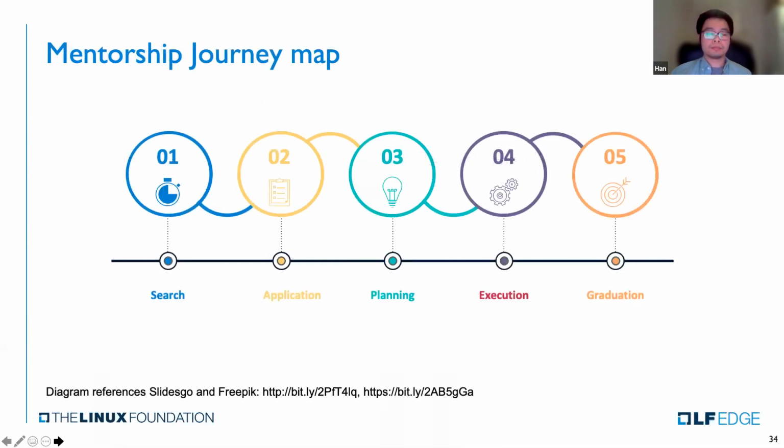Let me start by introducing my mentorship journey. My Open Horizon mentorship journey started from, I would say, last October. Before that, I searched a lot of projects to see which was the appropriate one to work on. I feel so lucky that I found the one I would like to contribute to, and I worked a lot with Open Horizon. In that phase, I decided to apply for it.